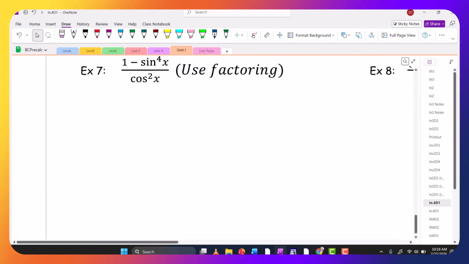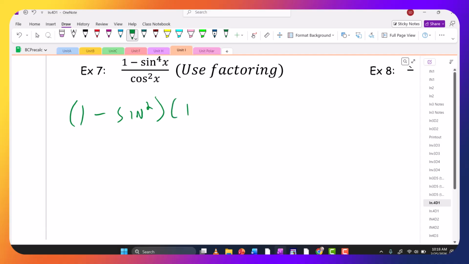What's 1 minus sine to the fourth? Difference of, say it, 2 squares. And then, you know what we're going to do? We could do one of two things. What would be smart is actually changing the bottom because I see the top.